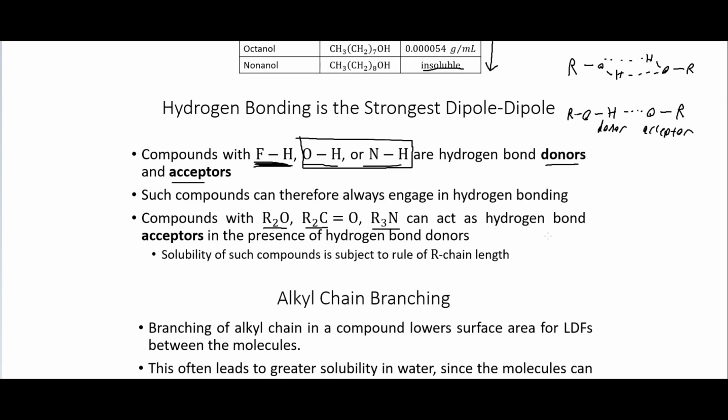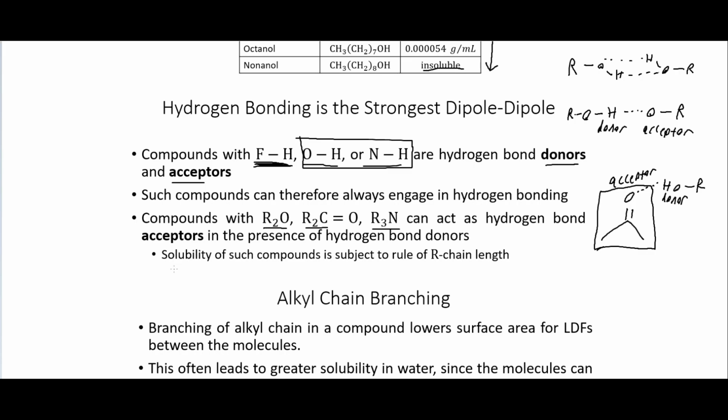For instance, if we have this ketone here, and we put it in something that can hydrogen bond donate, that can actually be our donor, but the ketone can only be an acceptor. That means if we just have this acetone by itself, these are not going to engage in hydrogen bonds with each other. They can only engage in hydrogen bonds with something that is also a hydrogen bond donor.